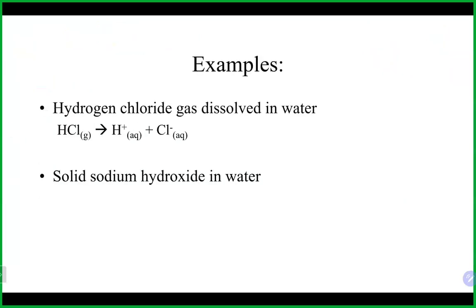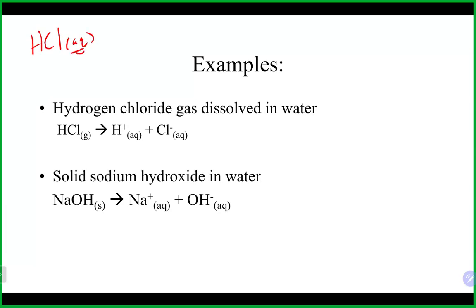So here, if you take some hydrogen chloride gas and dissolve it in water, you get hydrochloric acid. We talked about naming acids when we did nomenclature, so you should know how to name them. Sodium hydroxide as well. And again, in solution, remember that acids do have the aqueous symbol next to them.